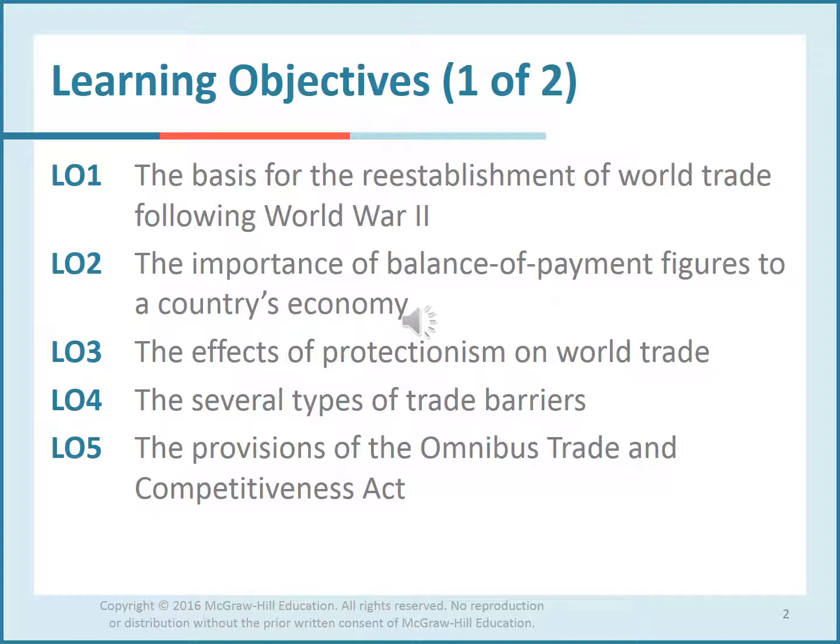We'll talk a little bit about protectionism, several types of trade barriers, and provisions of a couple of different acts. I'm not going to touch on the last two learning objectives, but just to frame this up, these are the things that, from doing the reading and going through some of my points here, you should have a good grasp on.